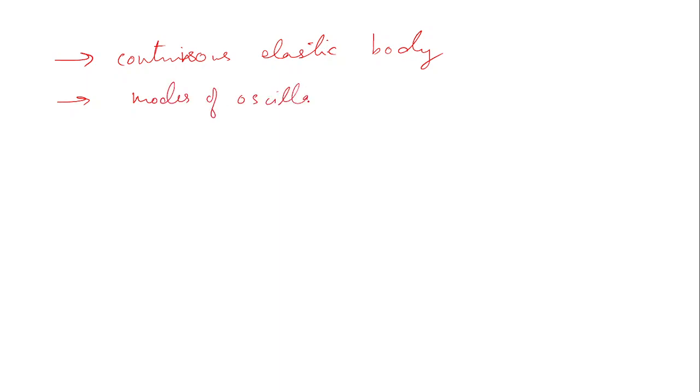This was one assumption. Another assumption was that because they are not independent, they are connected to each other, they are continuous. This is also another term used: they are a continuous elastic body. Another thing was that they are not vibrating independently, and they have modes of oscillation, and the range of oscillation goes from 0 to some maximum value that is also decided by temperature, the Debye temperature concept.